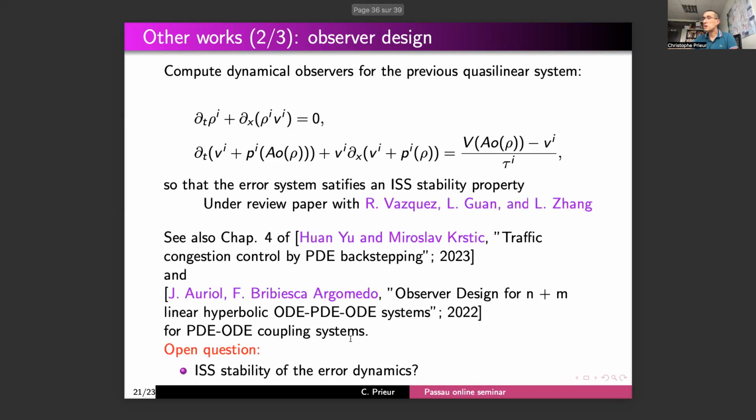And for the observer dynamics, there is no hope to have stability because there are always some perturbations. So this is just an observer design in the input to state stability context. This is joint work with Rafael Vasquez and the same authors.